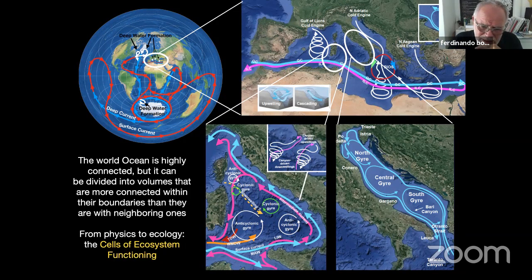So physics is very important. But then there is the answer of the biota to these circulation patterns that change with time. So the cells of ecosystem functioning should take physics first, and then the distribution of biodiversity and the functioning of ecosystems, so as to define these units.